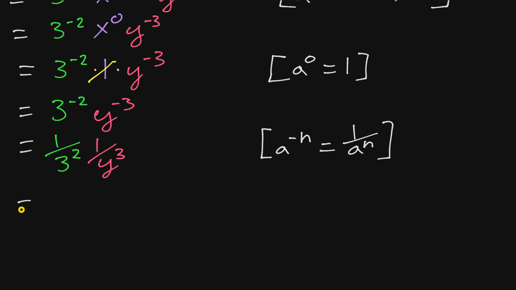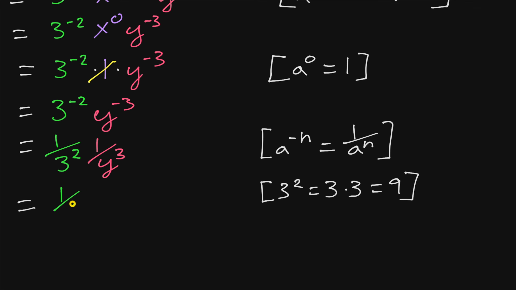Now we're almost done here, but you just have to realize that 3 squared is a number that we can actually calculate. So 3 squared is just equal to 3 times 3, and that's equal to 9. So we can just go ahead and replace this 3 squared with a 9.